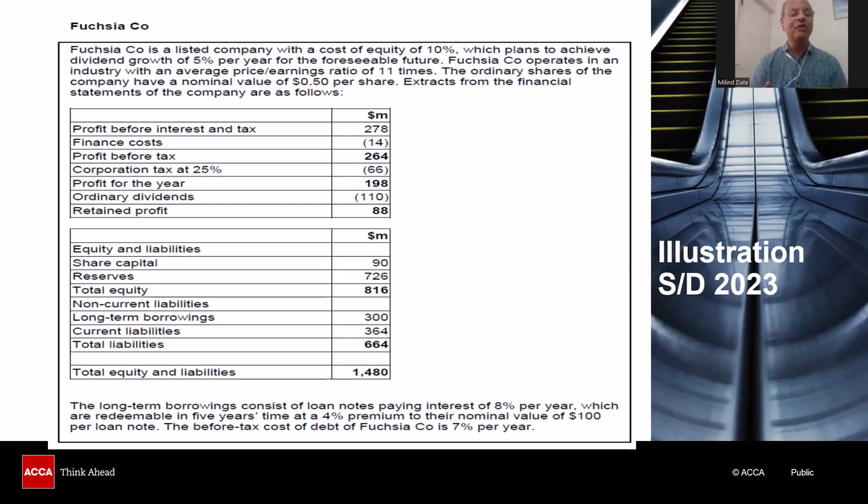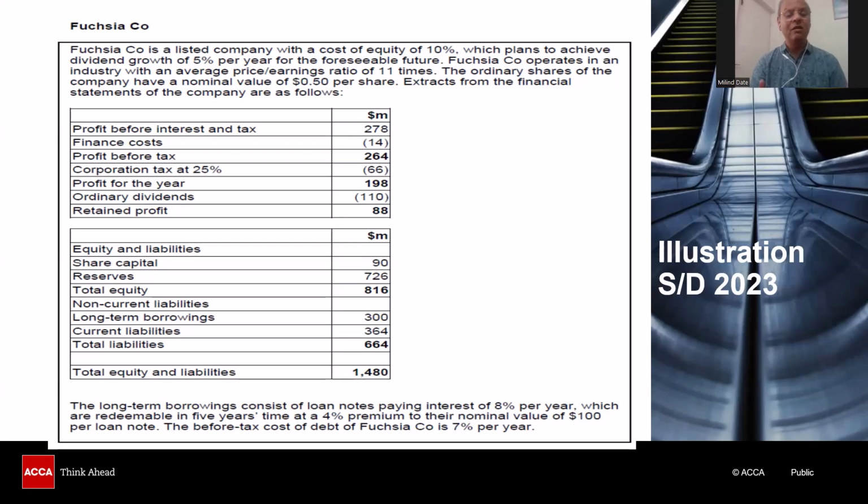Then there are extracts from the financial statements, both profit or loss account as well as balance sheet. Relevant numbers are available. And the closing para talks about the long-term borrowing in terms of loan notes that the company has issued, and the coupon rate as well as the redemption conditions are mentioned there.